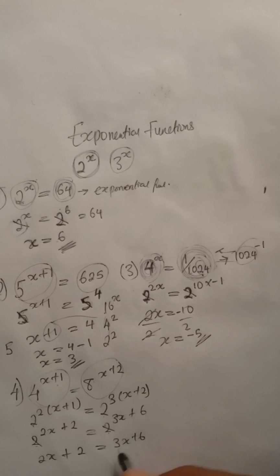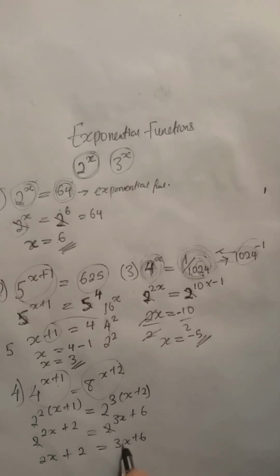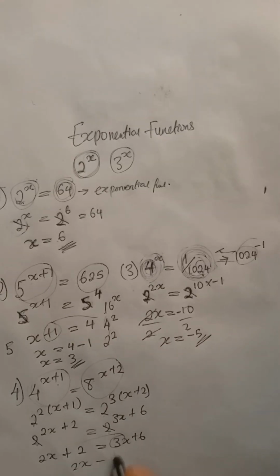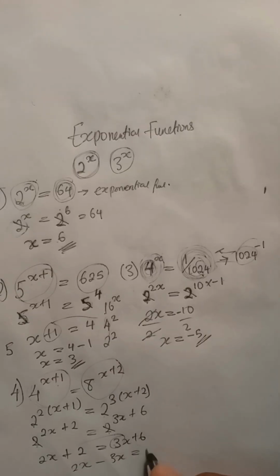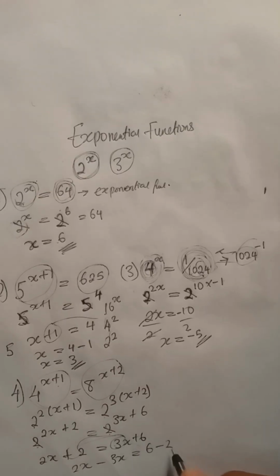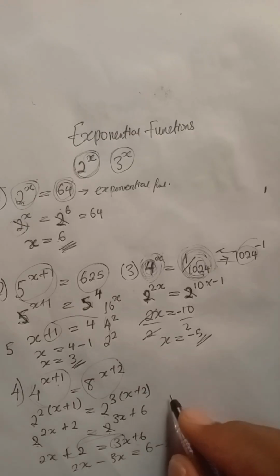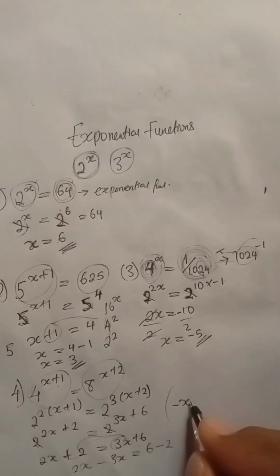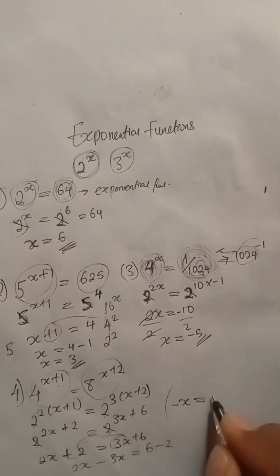So when we collect like terms, we have 2x, the positive sign here would change to minus, so we have minus 3x equals to 6. Then 2 will cross over to the other side, we have minus 2. So 2x minus 3x will give us minus x. So minus x is equal to 6 minus 2, which is 4.